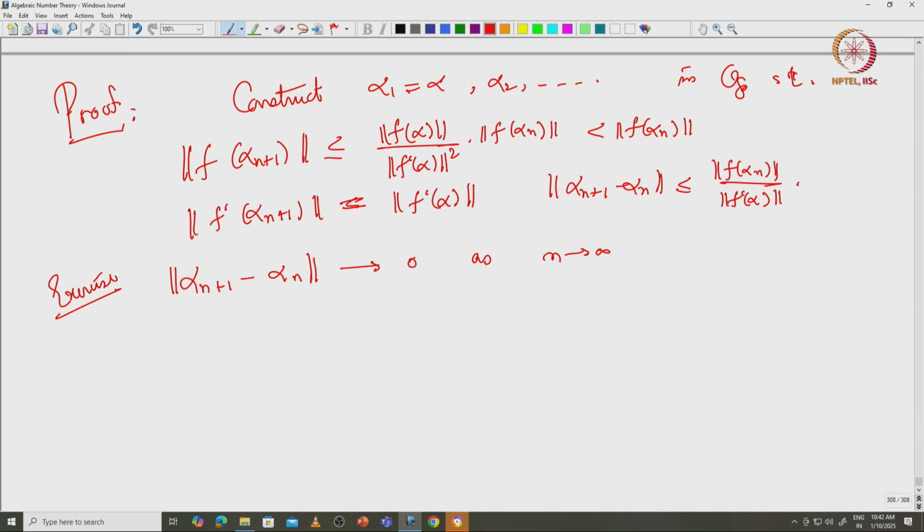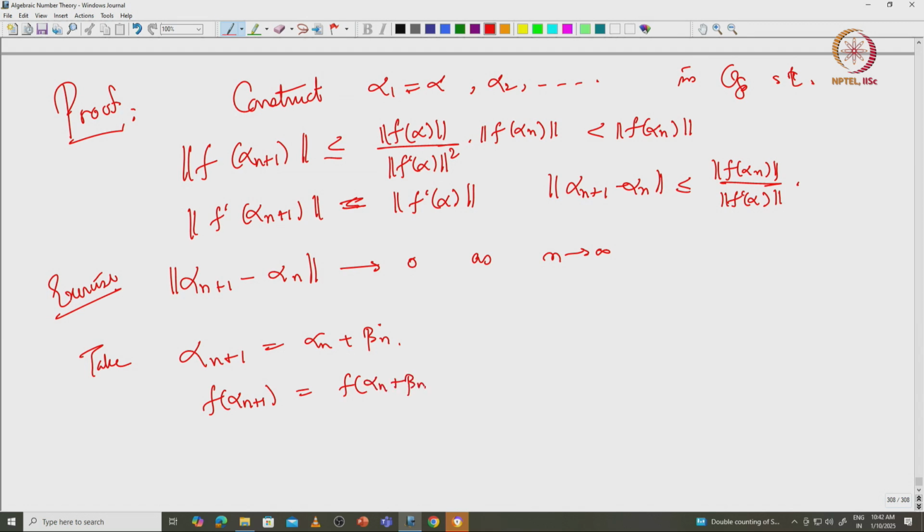So, how do I do that? Well, I just take alpha n plus 1 to be alpha n plus beta n for some beta n, and I evaluate f at this.